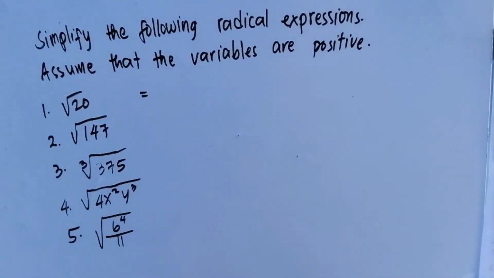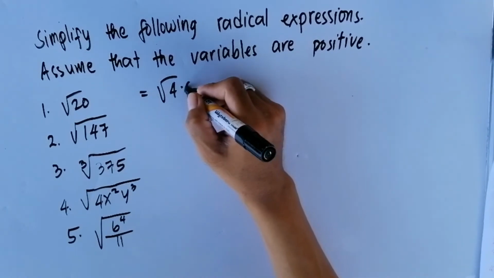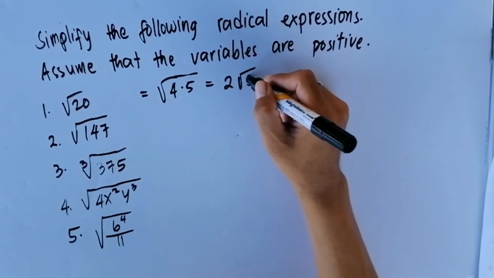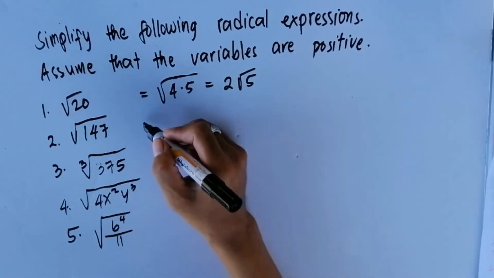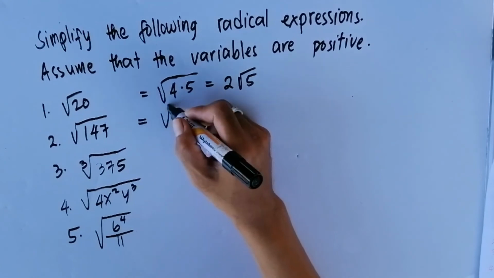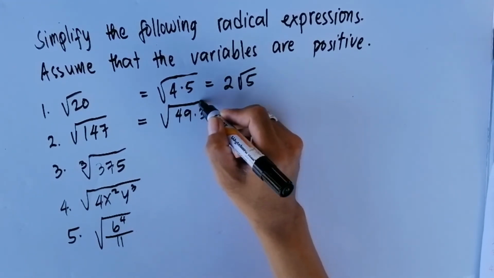Simplify the following radical equations. Assume that the variables are positive. Okay, the square root of 20, that is the square root of 4 times 5. That is 2 times the square root of 5. The square root of 147, that is the square root of 49 times 3.